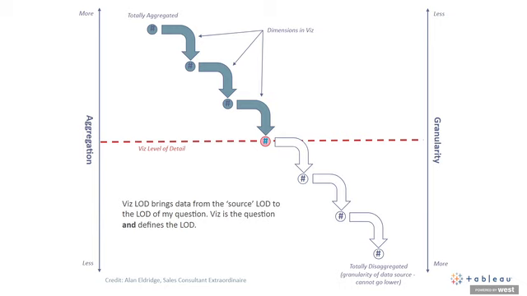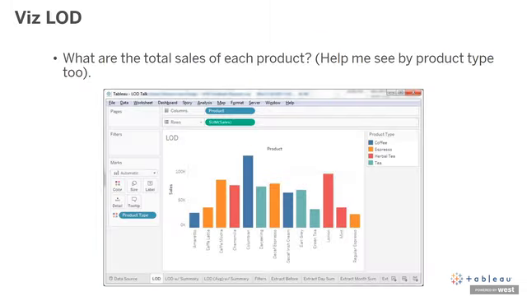And as you add more dimensions to your visualization, you're essentially adding those characteristics that we talked about, those things that you are breaking your number down by, and those are the dimensions in the visualization. So for example here, we go back to this first visualization we all looked at. What are the total sales of each product, and help me see by product type too, right?